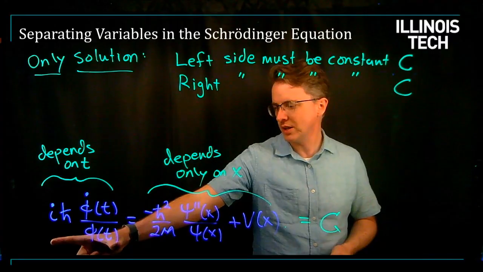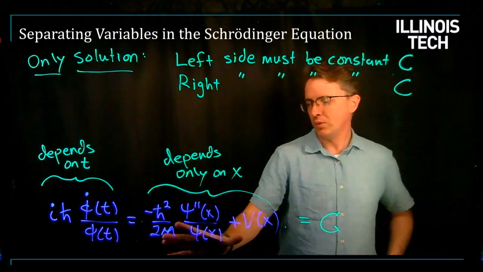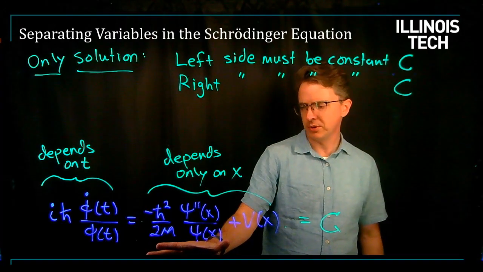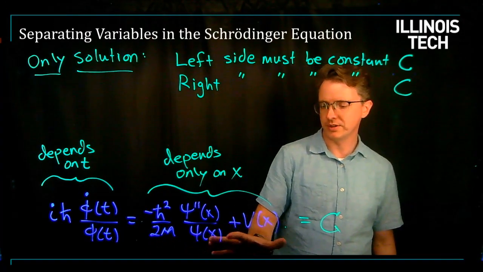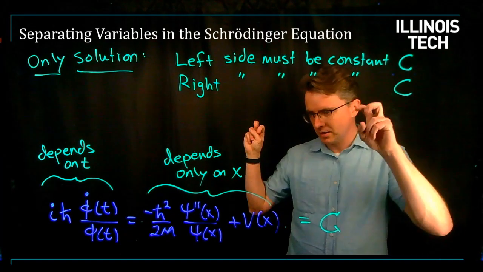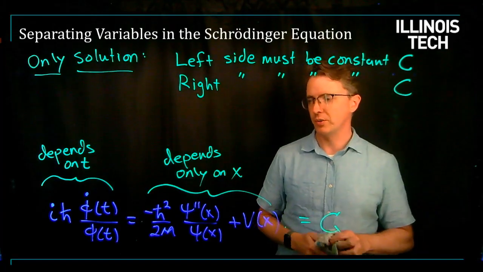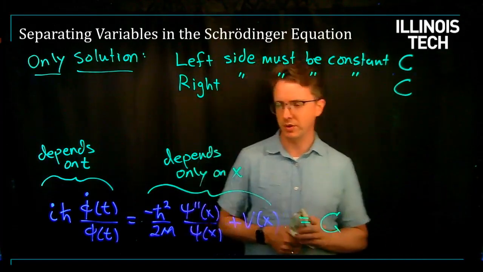One is this equation, i h bar phi dot over phi is equal to a constant. And one is this equation, minus h bar squared over 2m psi double prime over psi plus V is also equal to a constant. So we've separated our partial differential equation into two ordinary differential equations. And let me write those ordinary differential equations down for you.